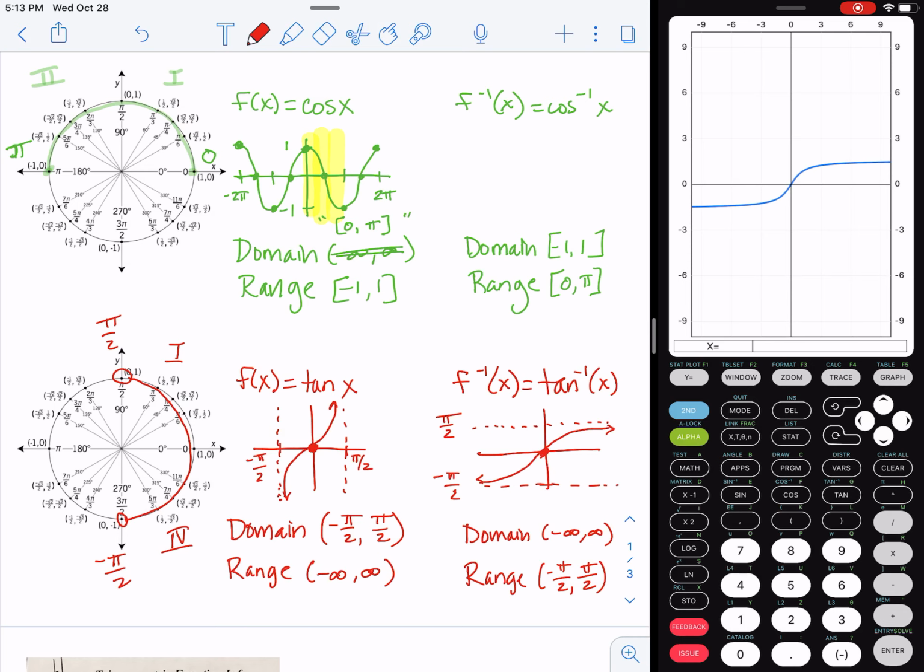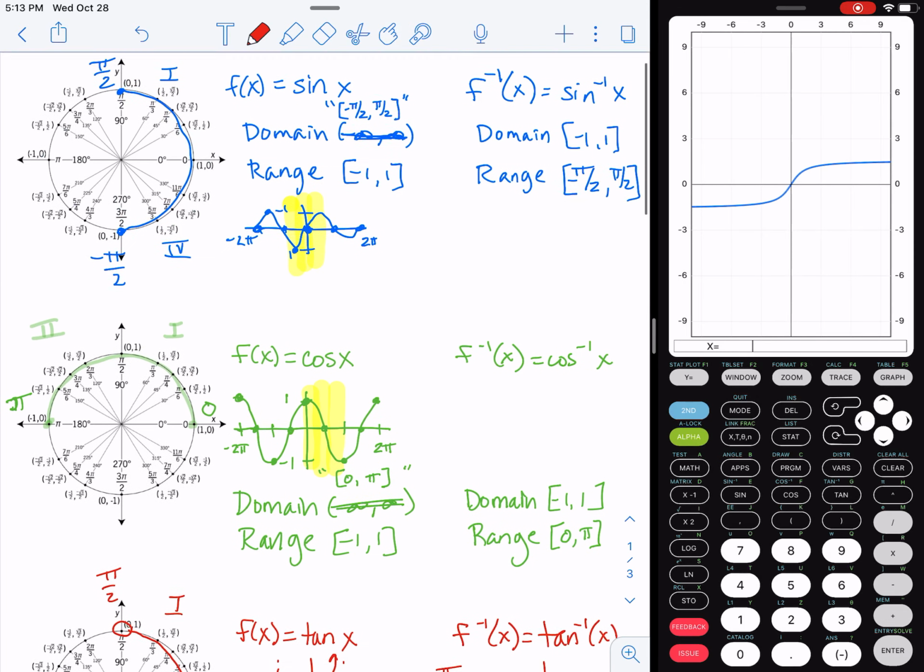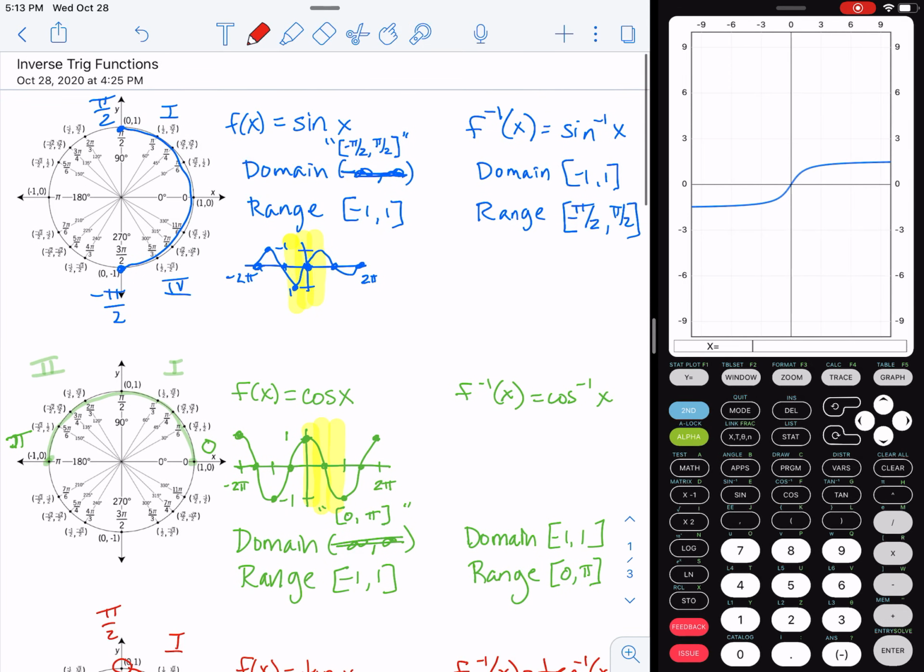So to sum up, you've got a sine function, you have an inverse sine function. In order to make it a one-to-one function, you have to restrict your domains. And then to find the domain and the ranges of our arc sine, the domain of the sine becomes the range of the arc sine, and the range of the sine becomes the domain of the arc sine.